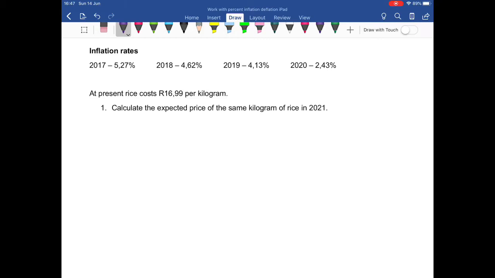Remember, I said that inflation is compound interest, which is worked on simple interest to start off with. So if the inflation rate is 2.43%, we're going to take R16.99 and we're going to increase it by 2.43 over 100 multiplied by R16.99.